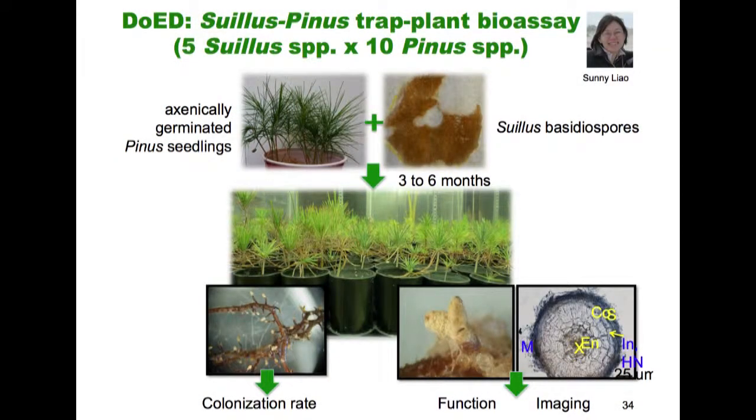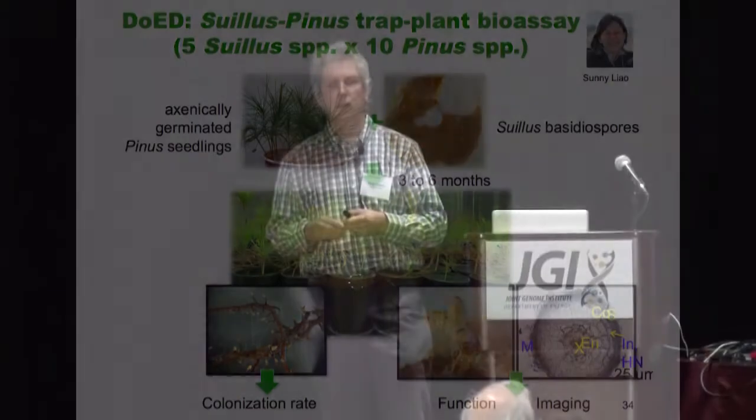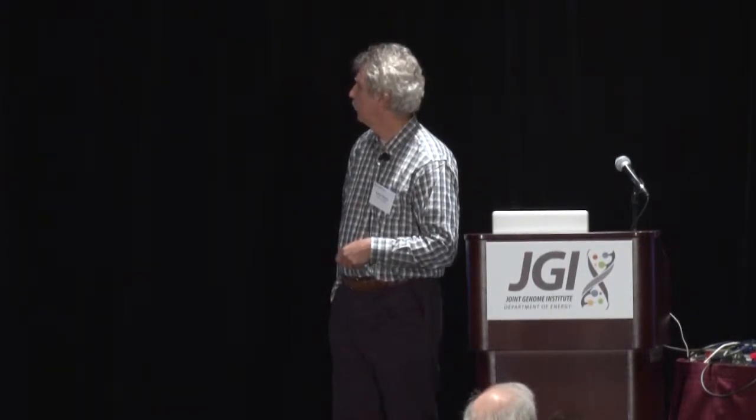And with Suillus, we have the added advantage that we can culture this particular ectomycorrhizal fungus. And we can germinate spores. So we can take basidiospores, inoculate them onto pine seedlings, grow them for a short period of time, and then study their mycorrhizal interactions.